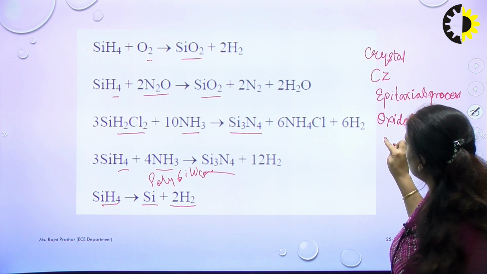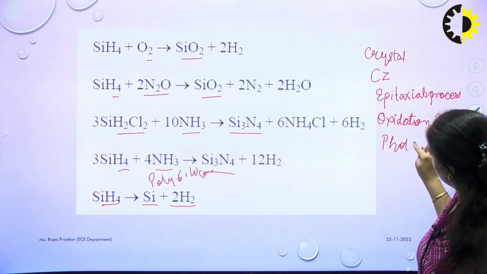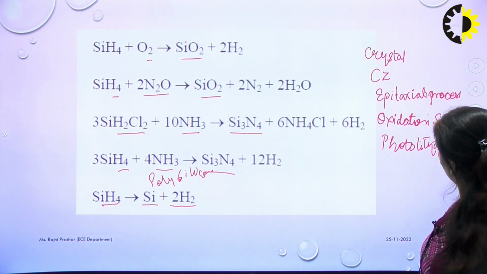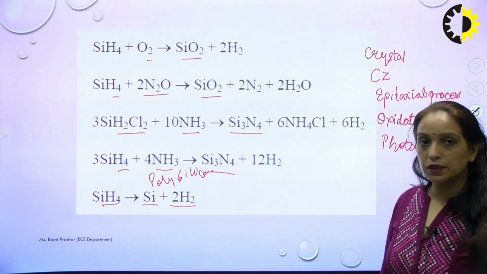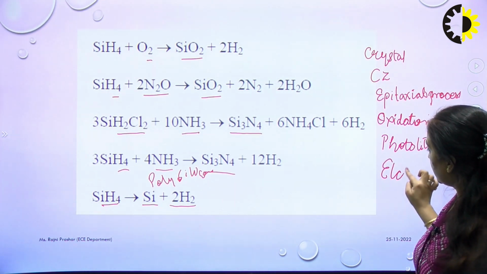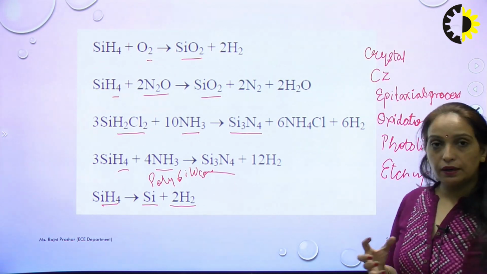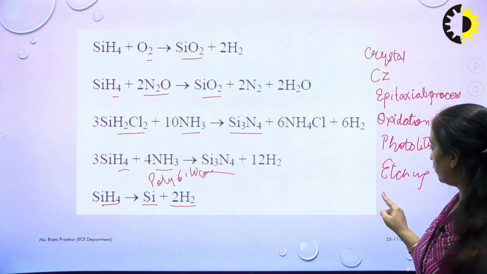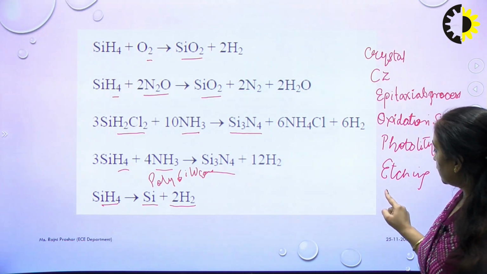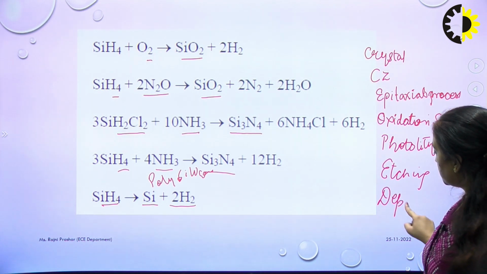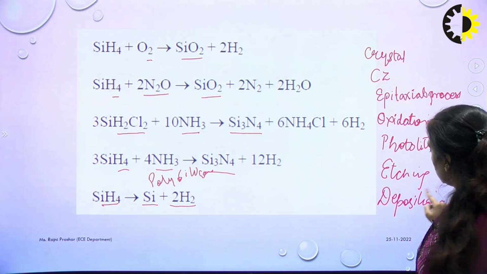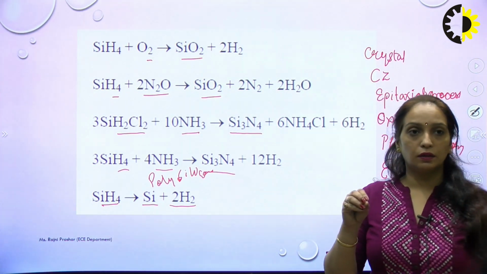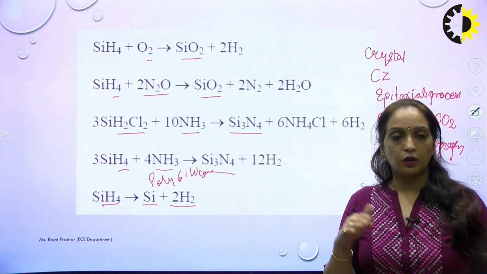Then we have seen the photolithography process. After photolithography, with the help of etching, some windows will be created where we are going to diffuse some atoms, dopants, and after that we have seen the deposition, right? Deposition is done before the diffusion so that your layers are protected for the further processes.